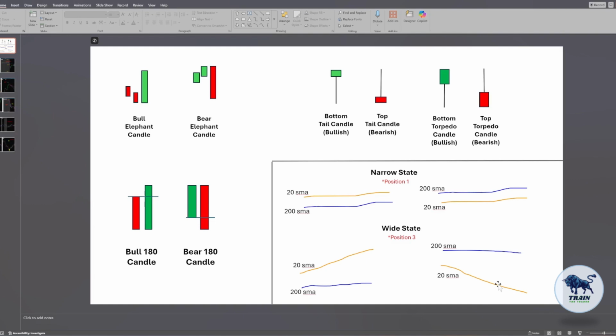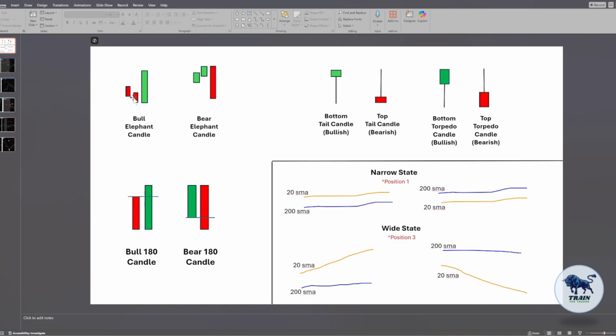So the first thing we got up here is the bull elephant candle and the bear elephant candle. Really easy to spot on the chart. You have a green candle, in this case the bull elephant candle, where the green candle is taking out previous red candles, but it's a convincingly larger candle than the previous candles.